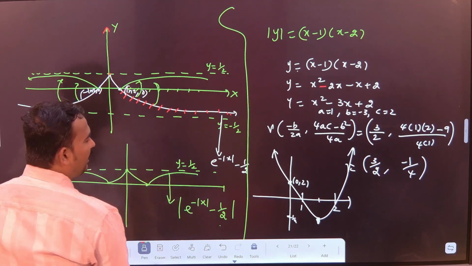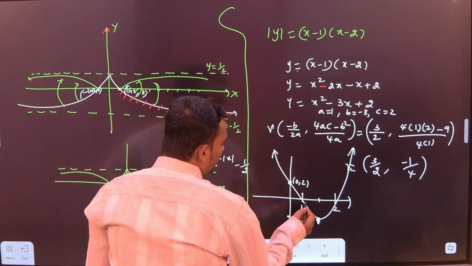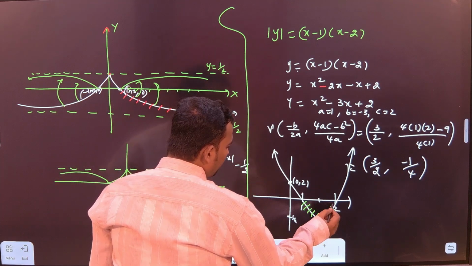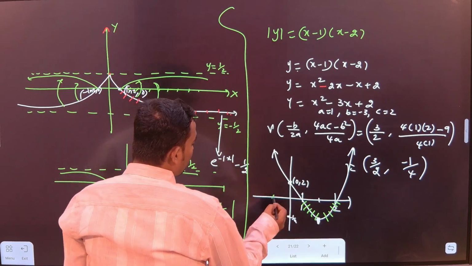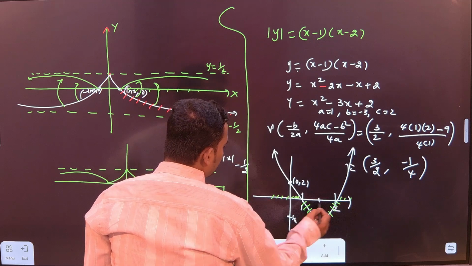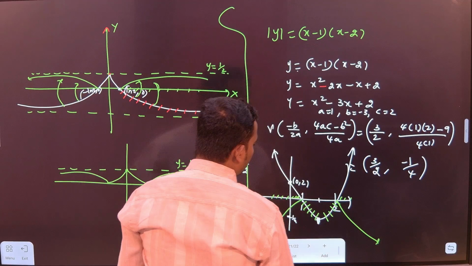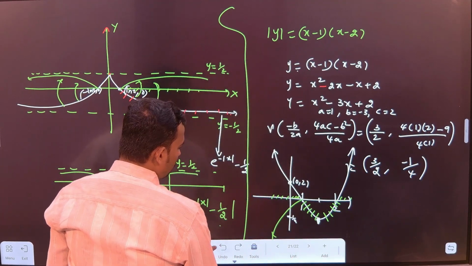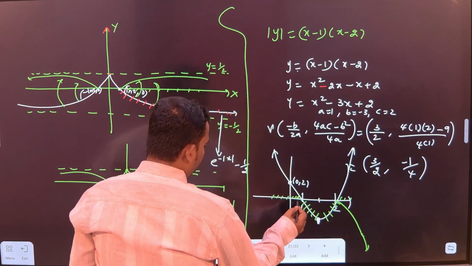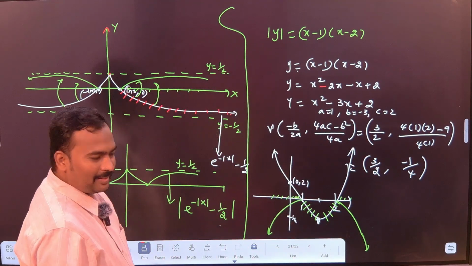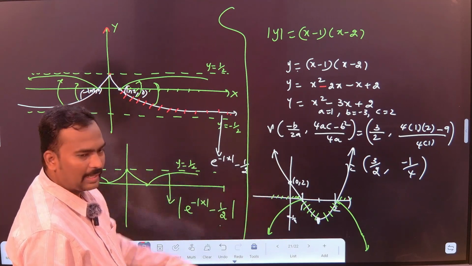What is the mod y transformation? Whatever is negative, that means below the x-axis, you have to remove it. Whatever is positive, you take its image with respect to the x-axis. This graph is like this. Just whatever is above the x-axis, take the image of that with respect to the x-axis.